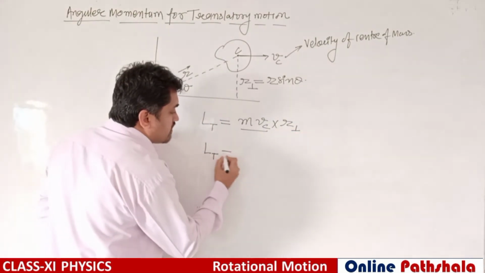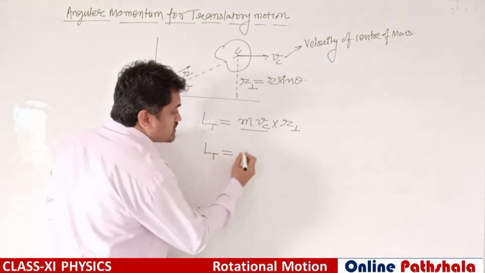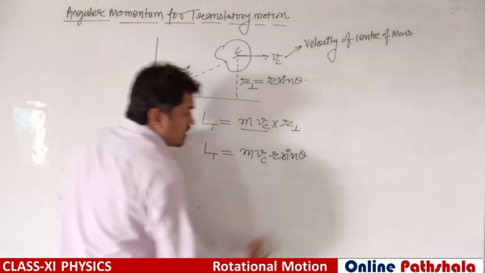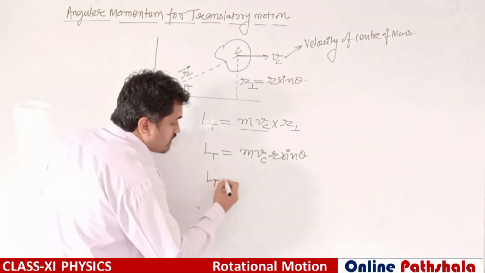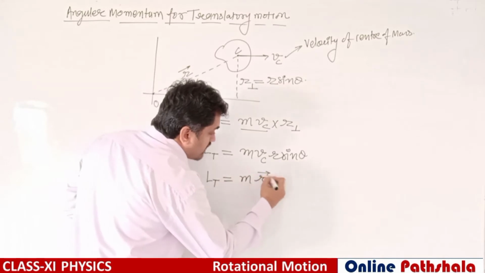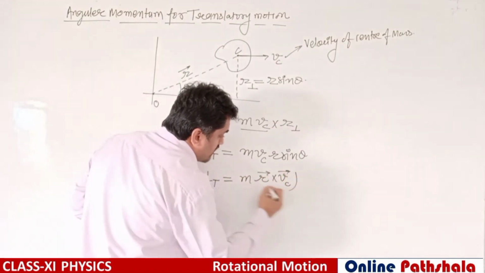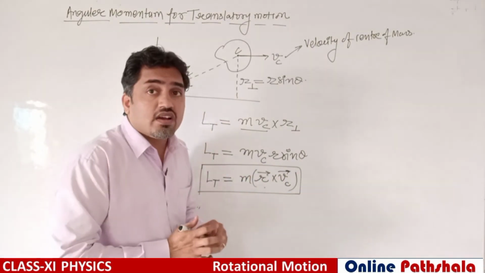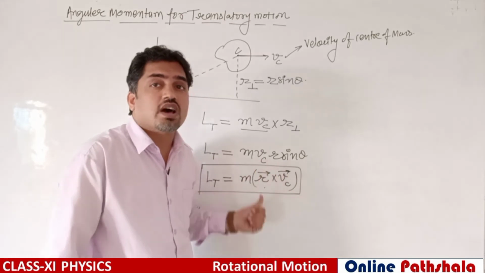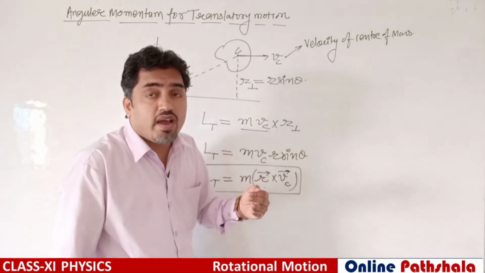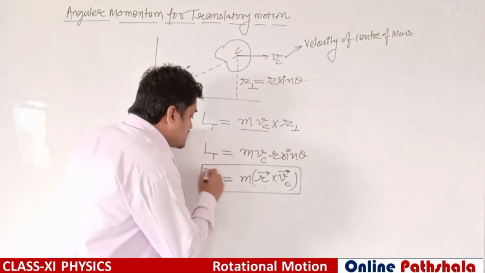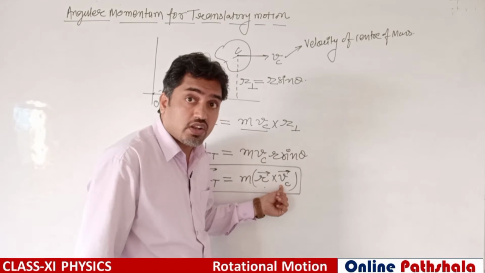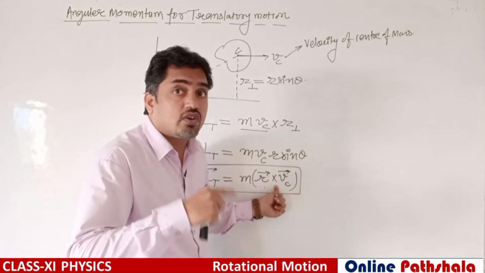So it is equal to m Vc r sine theta. In vector form, we can write m r vector cross Vc vector. It is very important to remember, it is r cross v, not v cross r. If you want to find the direction of angular momentum, it is in the direction of r vector cross v vector, not v vector cross r.